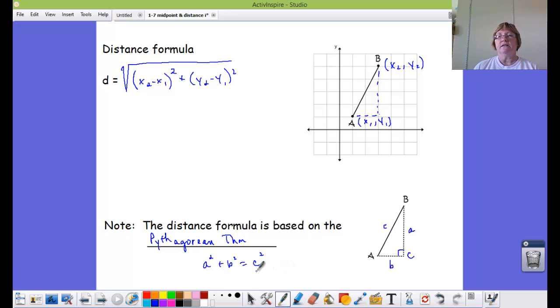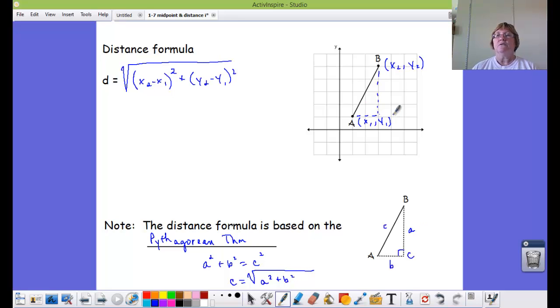If you carry this algebra out a little bit, taking the square root on both sides to get c by itself, c, which is really the distance between points A and B, is equal to the square root of a squared plus b squared.